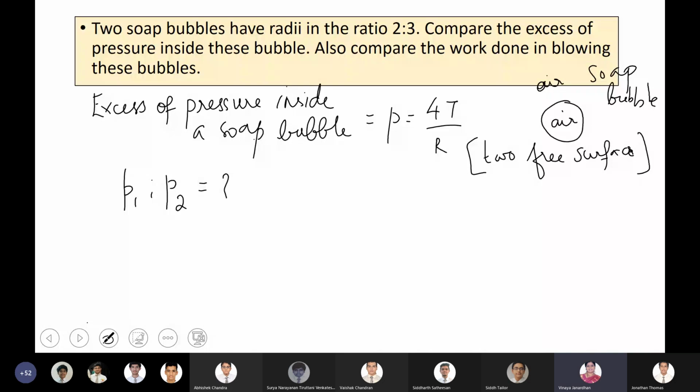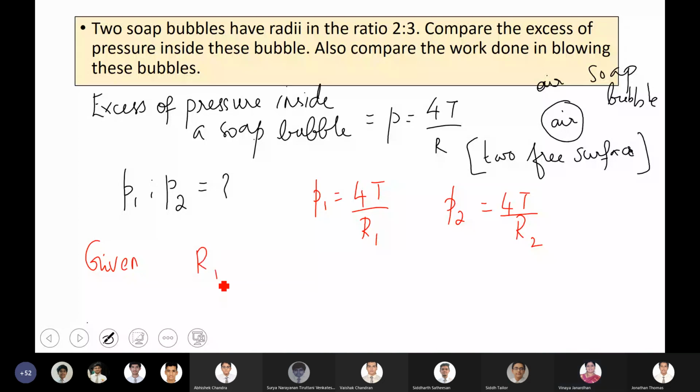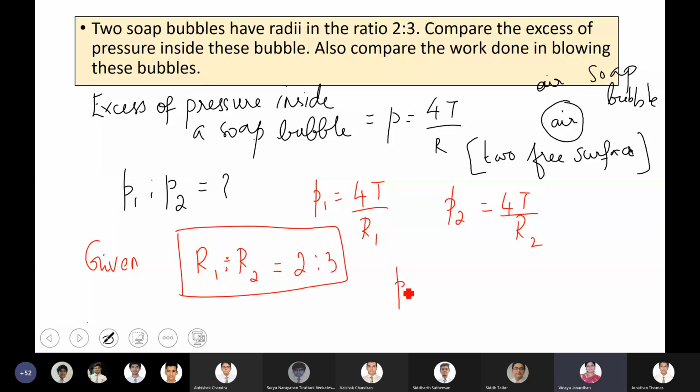Okay, what is P1, boys? P1 will be equal to 4T divided by R1. P2 will be equal to 4T divided by R2. What is given? R1 is to R2 will be equal to 2:3. Then you find what is P1 by P2.